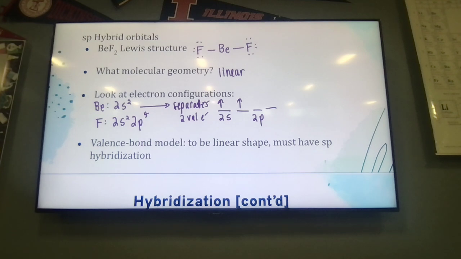So what we're going to do is what's called hybridize. We're going to take our 2s and 2p and make a new orbital.